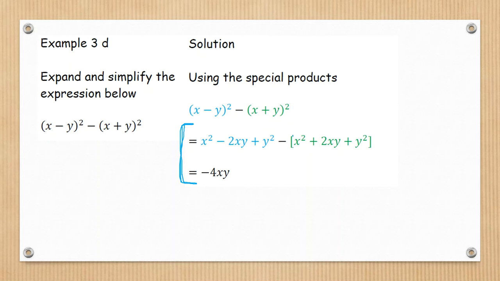Notice that I've put this in brackets because we need to take away all of these things. And then to clean it up, we can go x squared take away x squared, minus 2xy minus 2xy is minus 4xy, and the y squared take away y squared cancels as well. So that's a nice way to do this first problem. 2 lines, pretty neat.